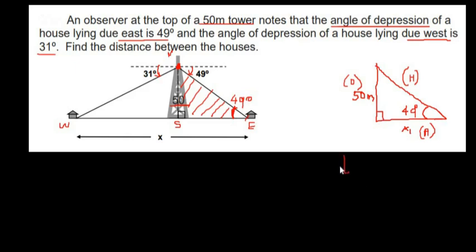So we can write tan of 49 degrees is equal to opposite, which is 50, divided by adjacent, which is x1. So to find x1 we can write it as 50 over tan of 49 degrees.